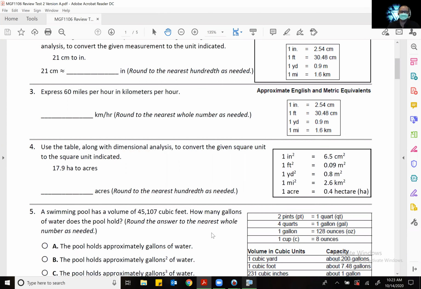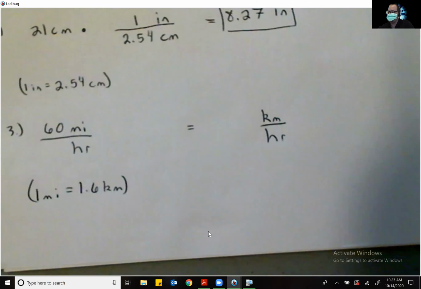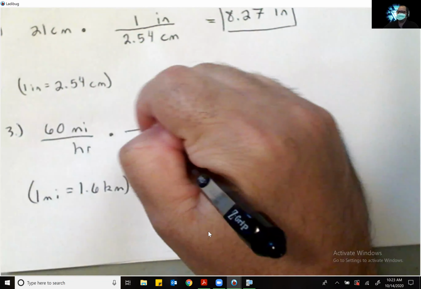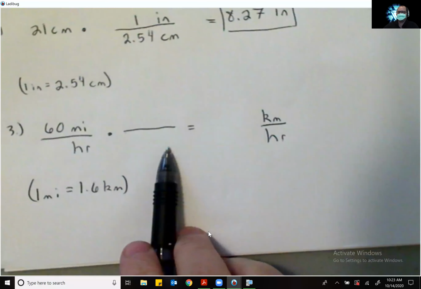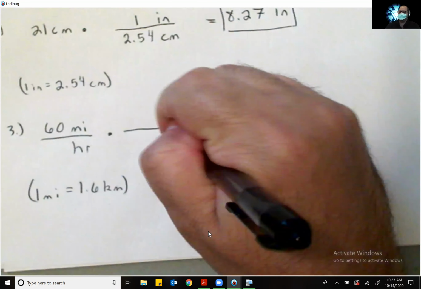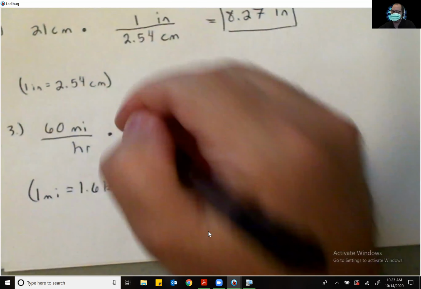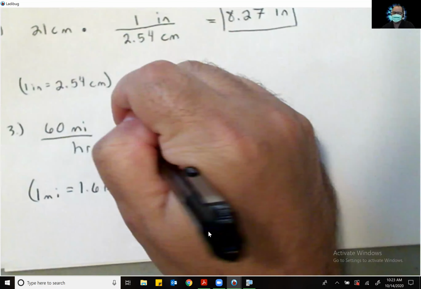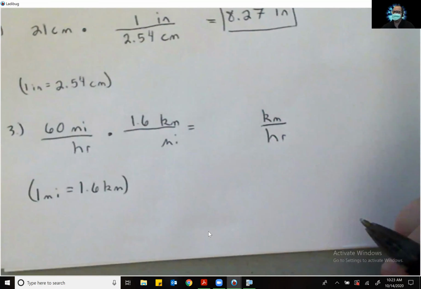So when we come out here, we'll make our unit fraction. What label's on the bottom? Miles, because we're getting rid of miles. Well, then that means kilometers in the top, and now you know where the numbers go. 1.6 on top and 1 on the bottom.